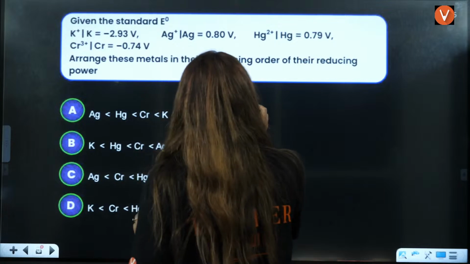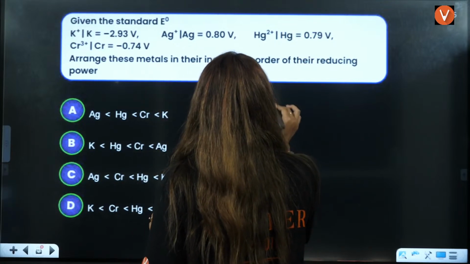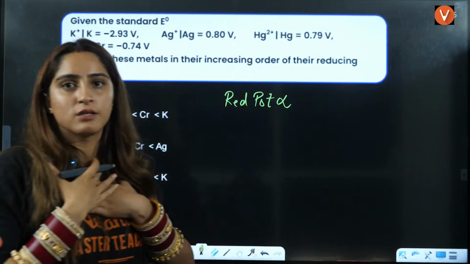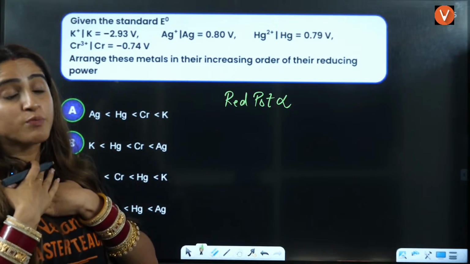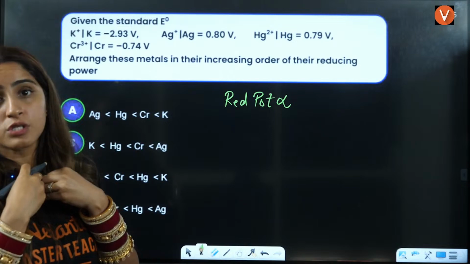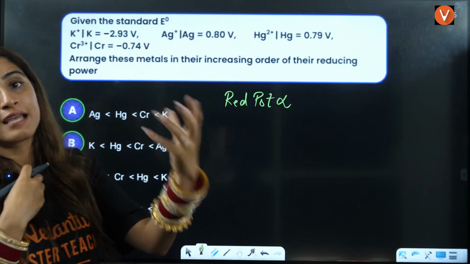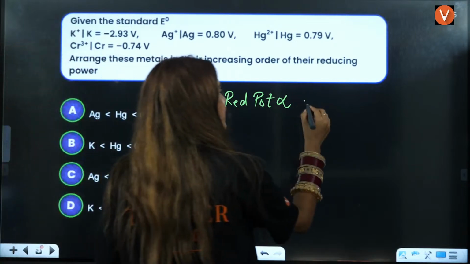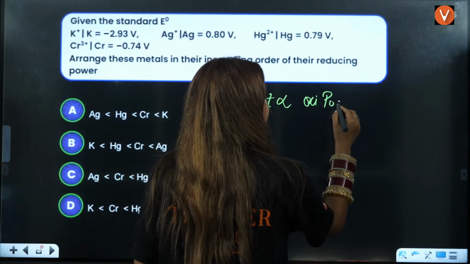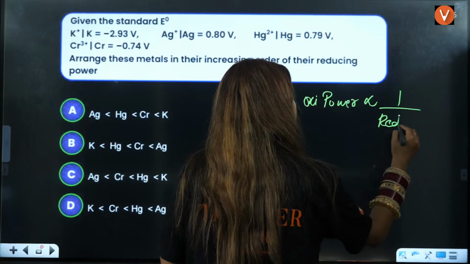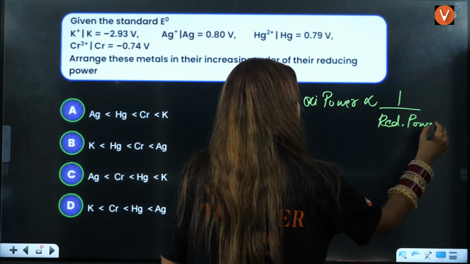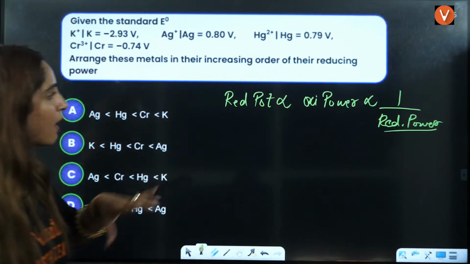If you talk about reduction potential, that means someone wants to get reduced. It is oxidizing something else. So its oxidizing power is high. That means its reducing power is low. We are checking reducing power here.